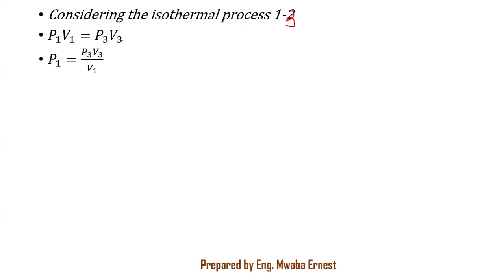We have P3 V3 over V1. Because this is an isothermal process, pressure 3 is 100, volume 3 is 10, over 2. This is now for volume 1, which is equal to volume 2. So with this, we get our P1 as 500 kilopascals.